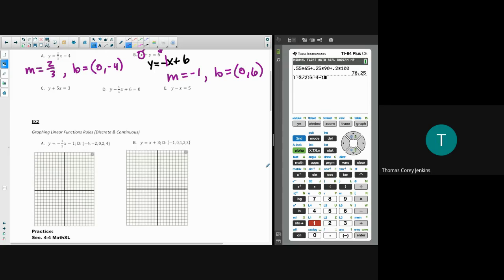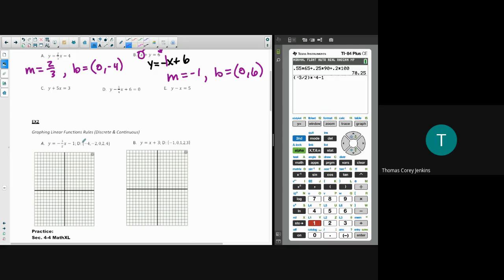All right, getting to example 2 here. So it's graphing linear function rules, discrete and continuous. So now we're going to get into what a discrete graph looks like. So coming up with your points, this means the domain is -4, -2, 0, 2, and 4.